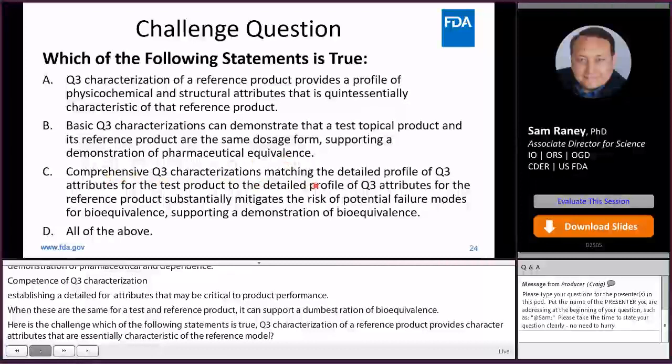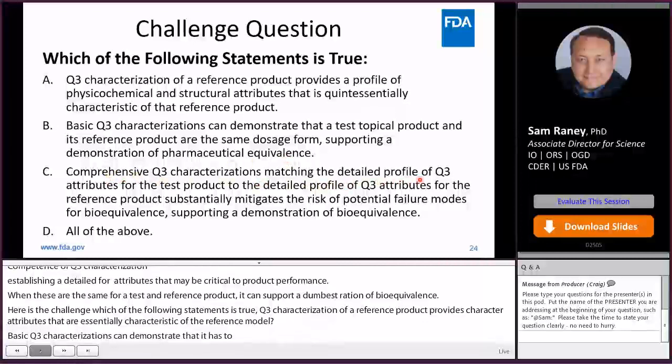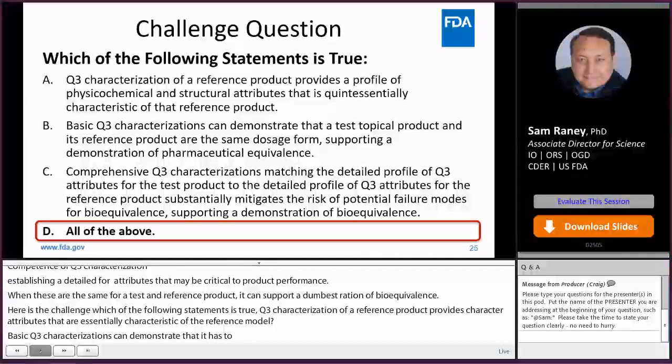Comprehensive Q3 characterizations matching the detailed profile of Q3 attributes for the test product to the detailed profile of Q3 attributes for the reference product substantially mitigates the risk of potential failure modes for bioequivalence, supporting a demonstration of bioequivalence, or all of the above. And the answer is all of the above.